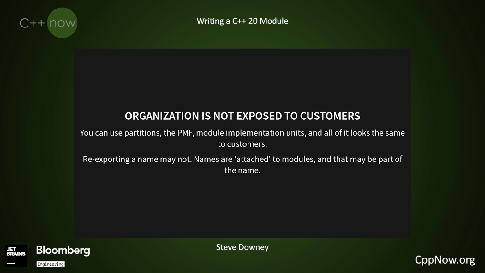Another thing is that your organization of your module is not exposed to customers. So you can use partitions, private module fragment, module implementation units. These all look the same to your customers. They're not part of your binary interface.